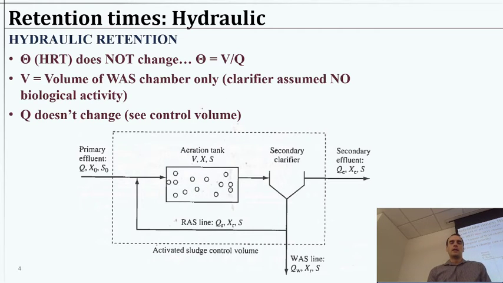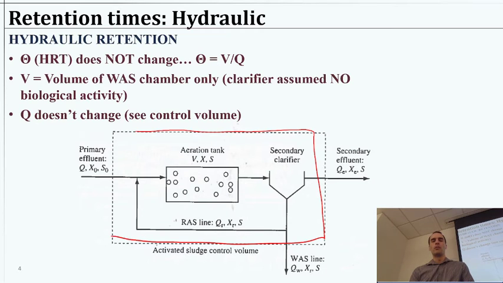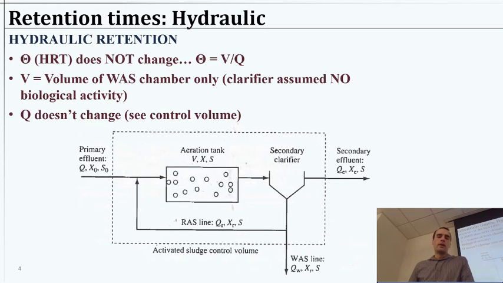So we've covered that thoroughly, but in this system, we have our control volume sketched around a 2-unit system. So this might get a little confusing when you have to think about, okay, well, we have this aeration tank and we have this clarifier. What's going on? Well, the assumption that there's no biological activity going on in the clarifier is really what simplifies this process for us.